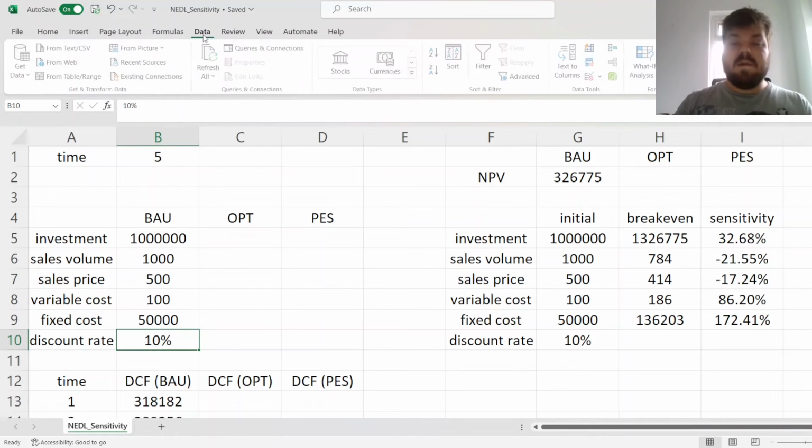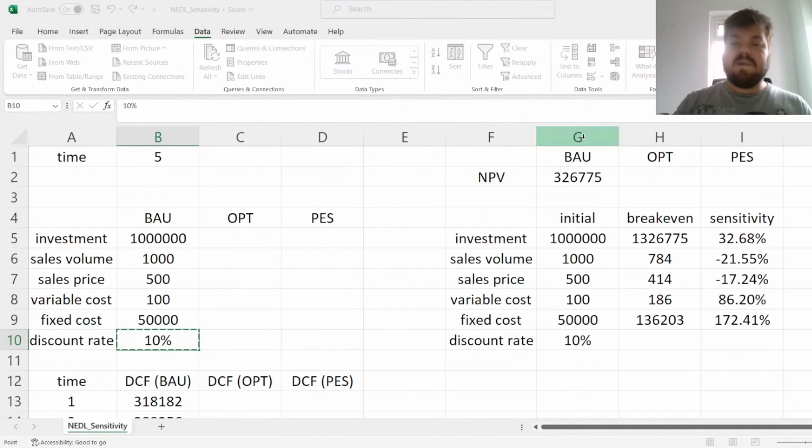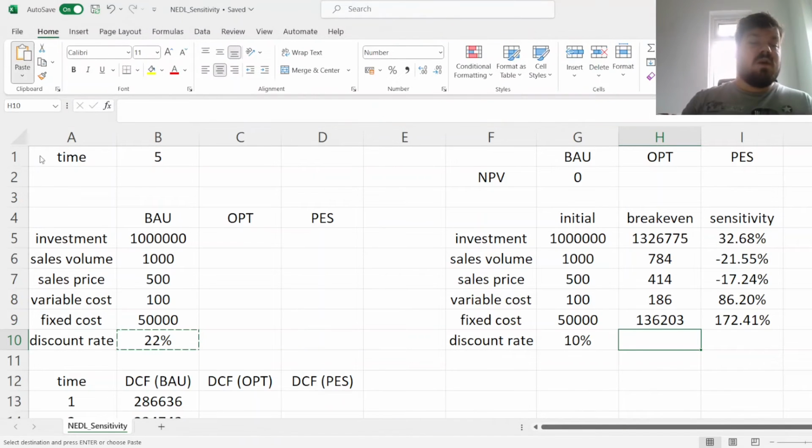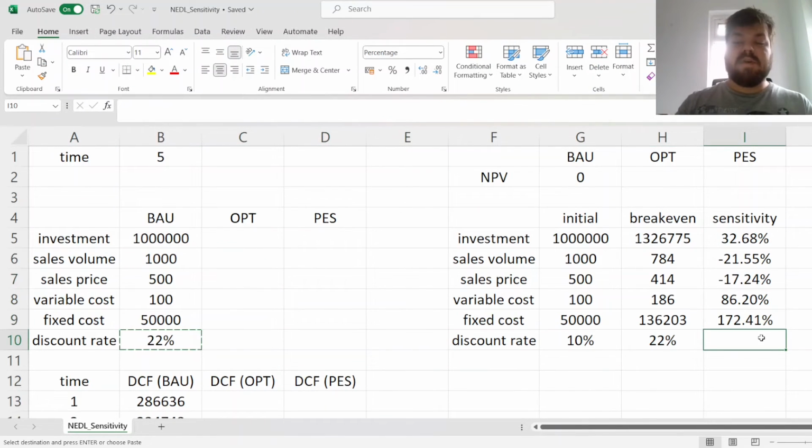And finally, for the discount rate, this might seem very familiar because it is. That would effectively be calculating the internal rate of return of the project. The internal rate of return of the project is effectively a sensitivity measure, which tells you by how much your discount rate can change before your project becomes unprofitable.